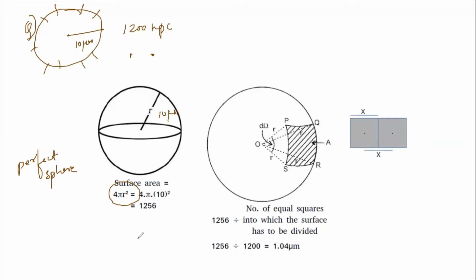So that surface area is there. Now, if you divide that by the number of things that are supposed to be distributed on it, then you will get squares of equal size covering the entire sphere.